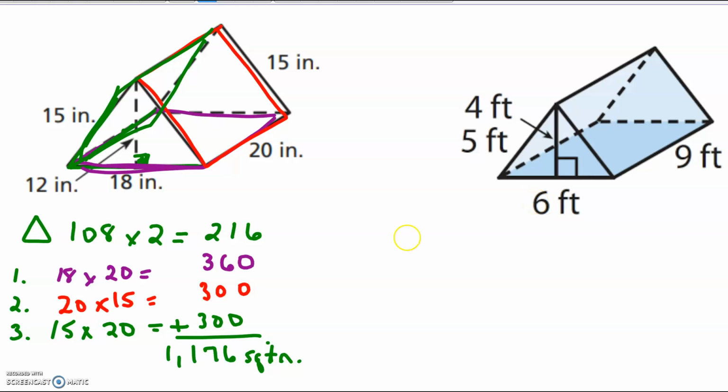So think about it. You've got two triangles, right? You're going to have two of those. So figure out the area of the triangle and multiply it by 2. And that will give you the sum of those two. Then try those other 3 rectangles that are on the sides here. So you've got one over here.